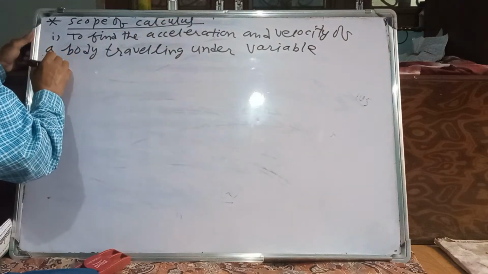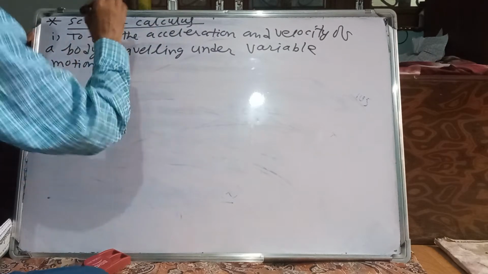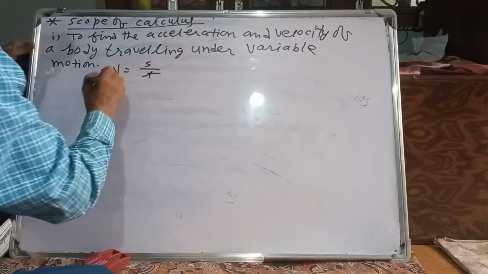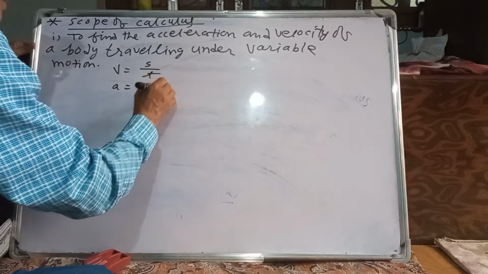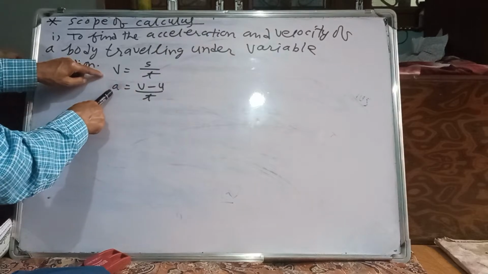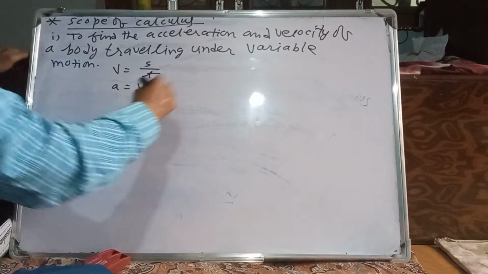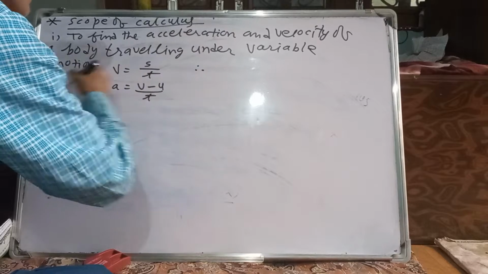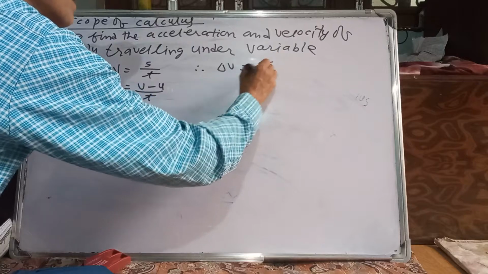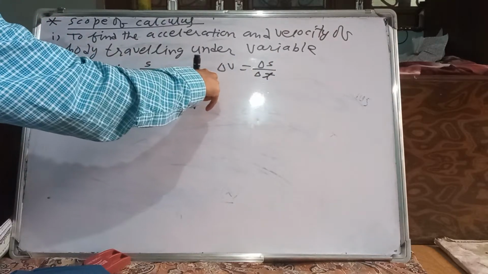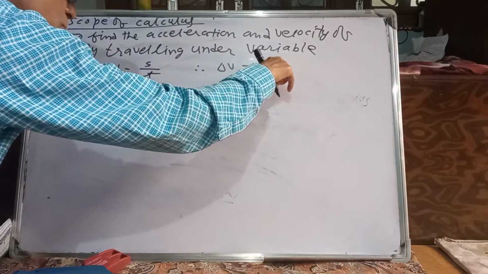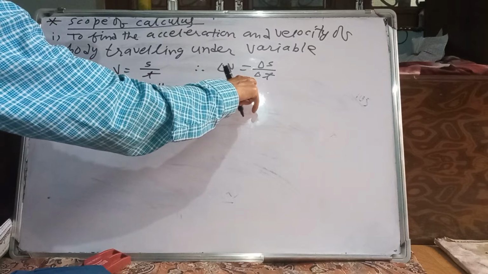For example, in school level we study this: v equal s by t, a equal v minus u by t. In school level we study velocity, distance traveled per unit time, and acceleration, change in velocity upon time taken. But in college you write delta v equal delta s by delta t, small increment in displacement upon small increment in time.